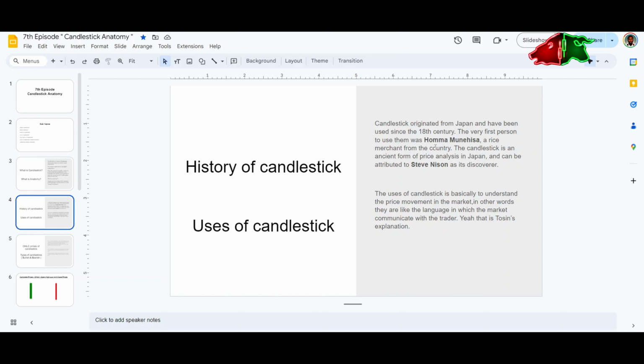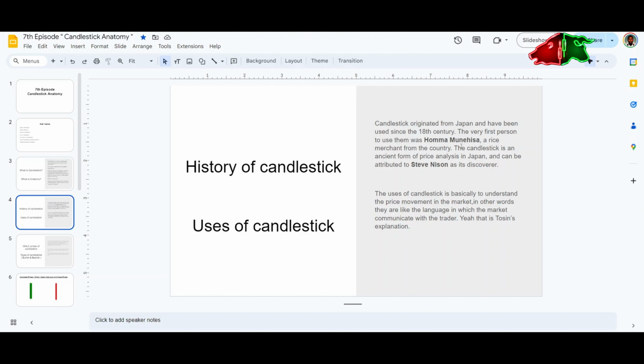Okay, so the rice merchant from the country. The candlestick is an ancient form of price analysis in Japan and can be attributed to Stephen Nixon as its discoverer. I don't know if it's correct when I say he invented candlestick pattern, because they said the very first person to use them.